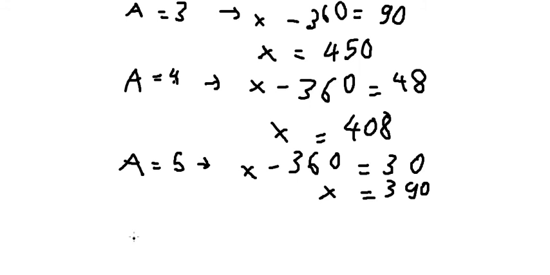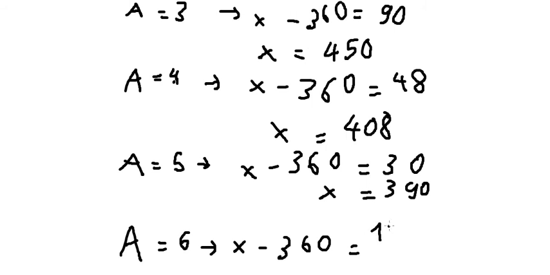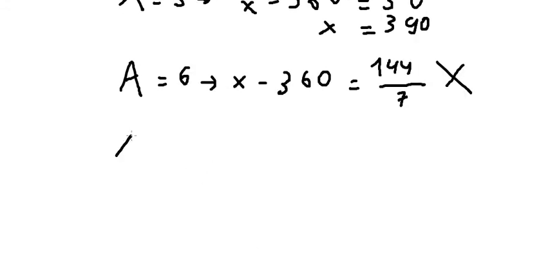Now let's go to a equals 6. You get 35. And we divide 720 by 35. You get 144 over 7. This is a fraction, so we don't have a value here. Now let's go to 7.